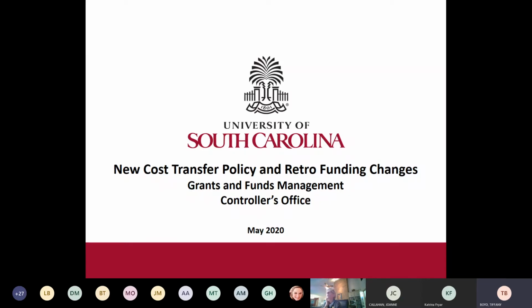During these audits, cost transfers are heavily targeted and scrutinized, and as a result, they pose the greatest risk to the university. So per the direction of the board and leadership from the top down, we have developed the following cost transfer policy, and we're super excited to share it with you today.